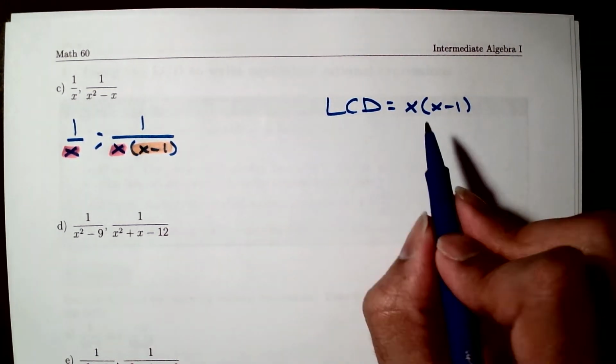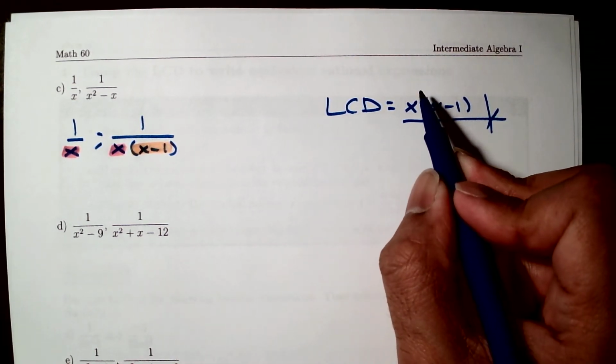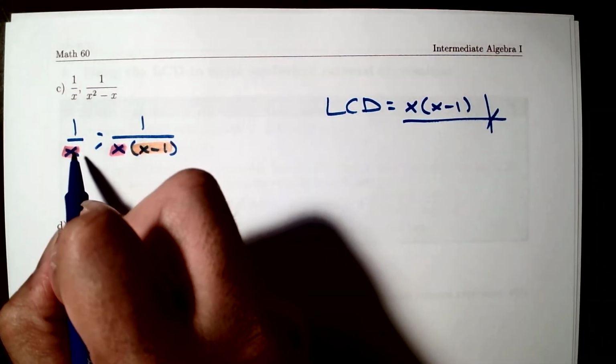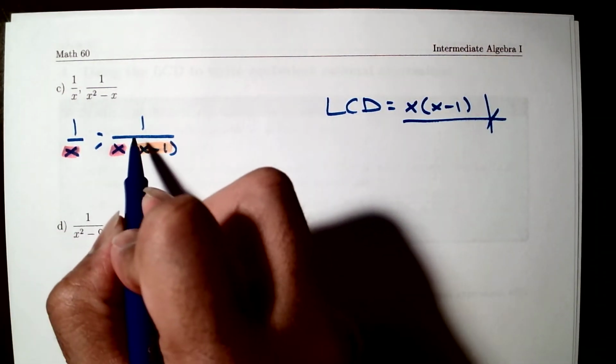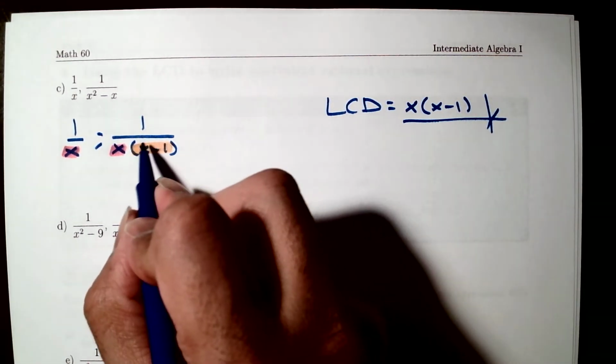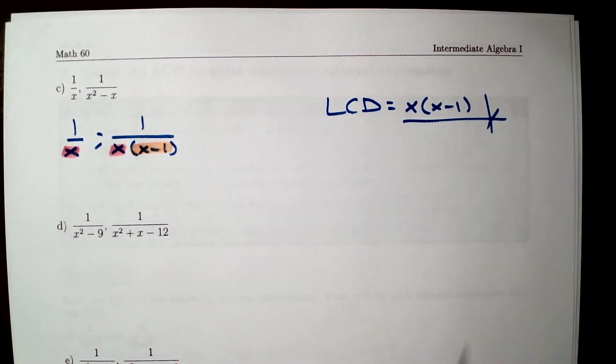I'm just leaving it like this because we are carrying the highest power of each. What's the highest power of x? Well, x to the first, x to the first, so we carry x to the first. For x minus 1, the only one that appears is to the first power. That's the one I carry.